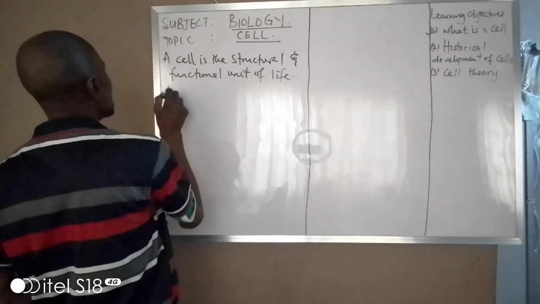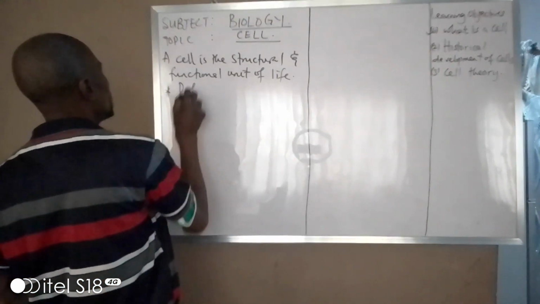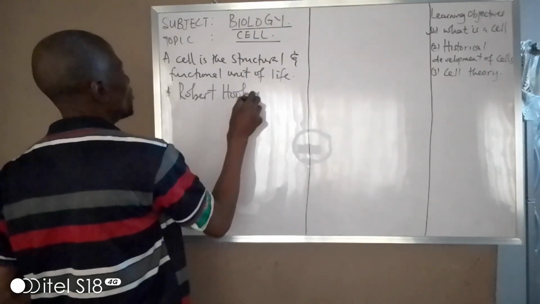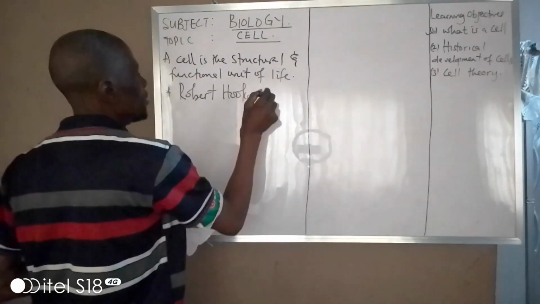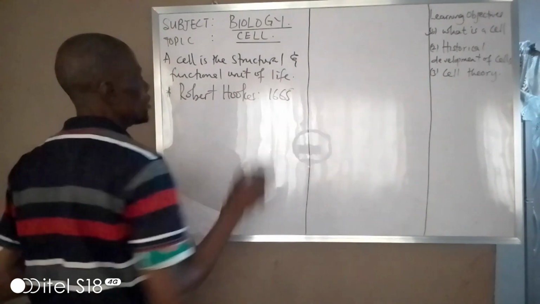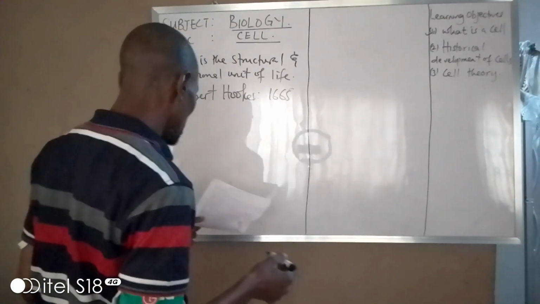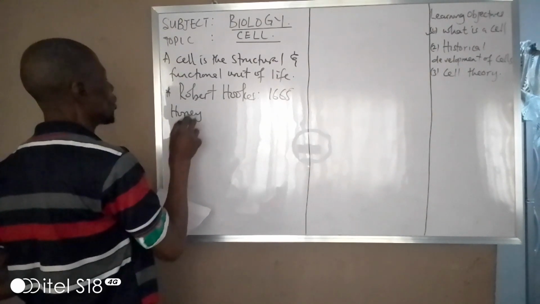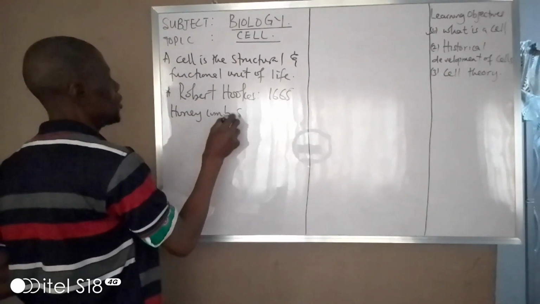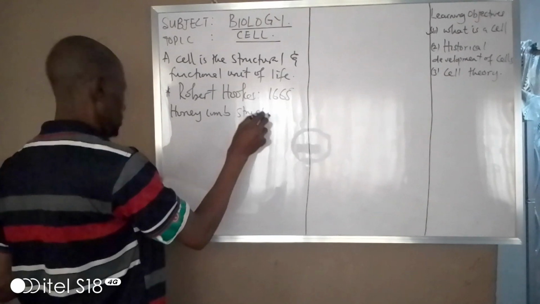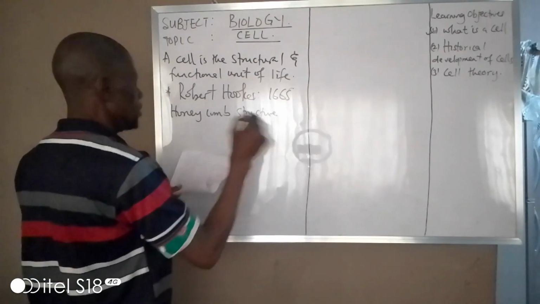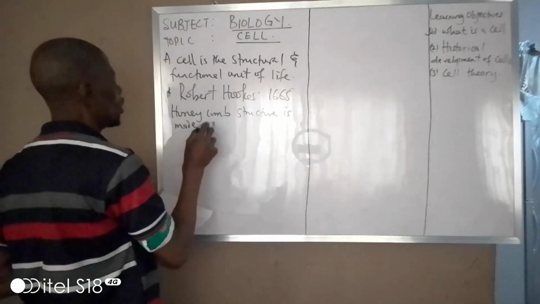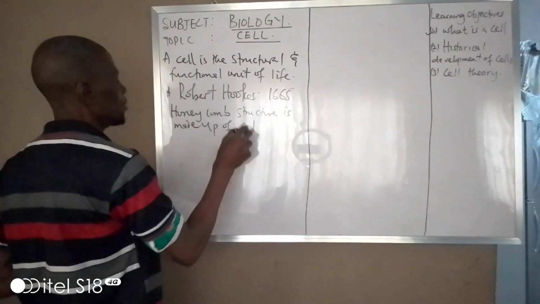So the first scientist is called Robert Hooke. He discovered in 1665 that the honeycomb structure is made up of cell.